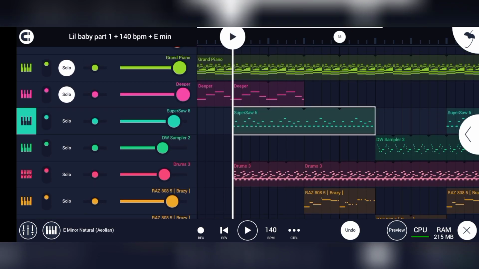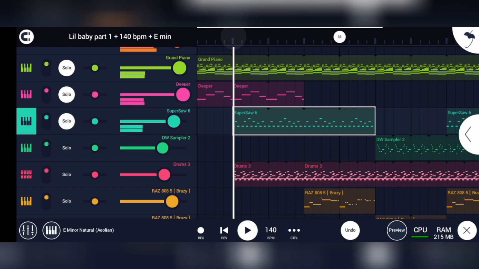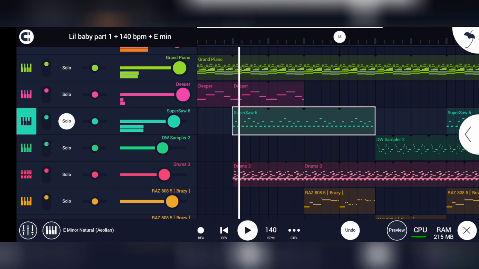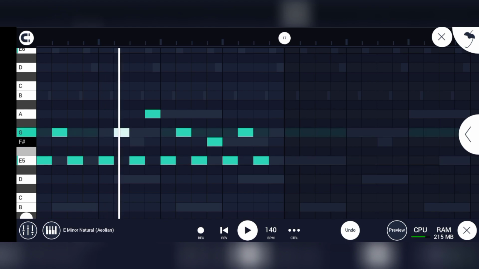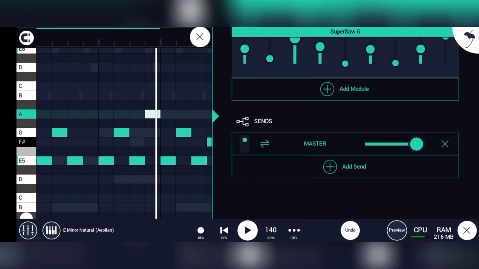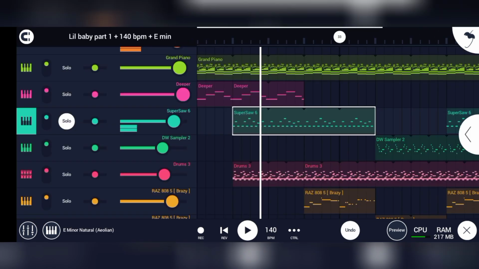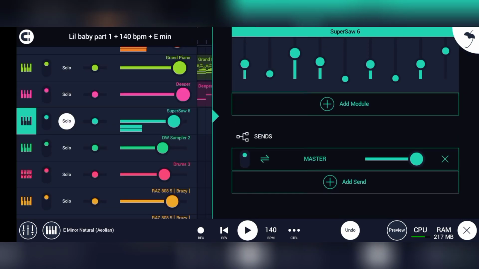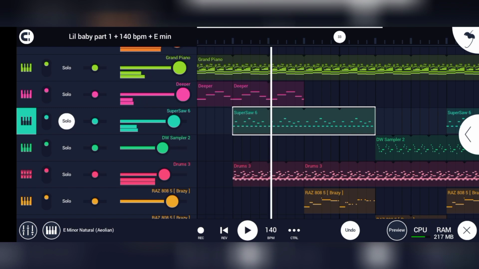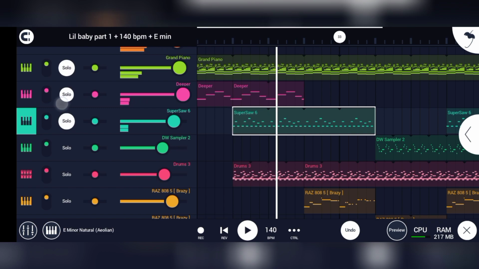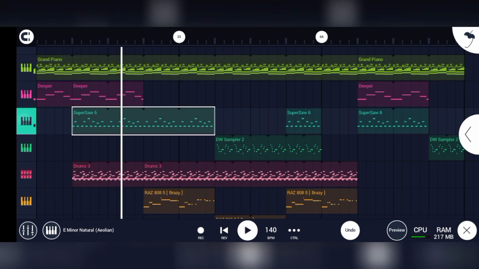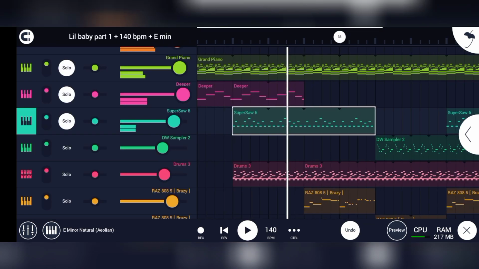So I added this lead from Super Saw synthesizers. And I never added any filters on this lead, because it's good and it's enough for me, so I didn't want to do too much on this beat.